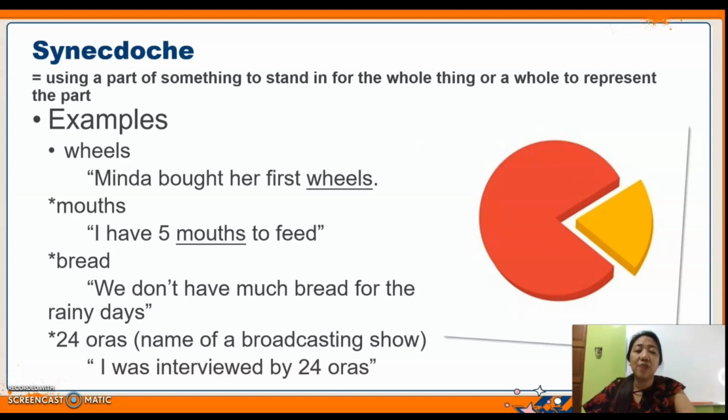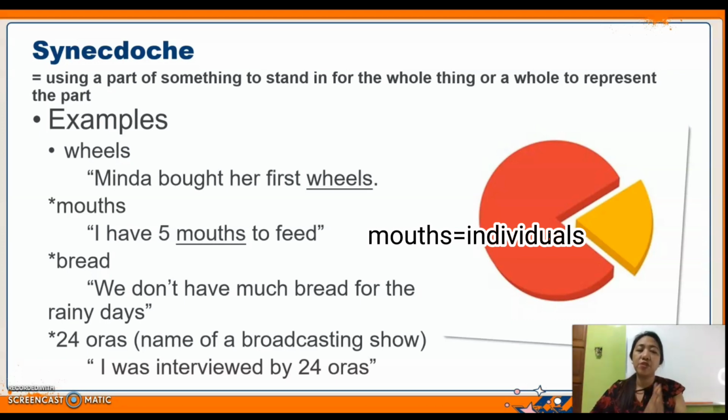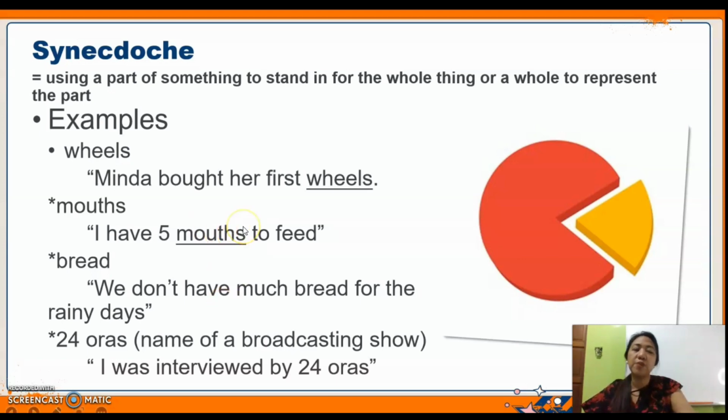Another example is mouth. The mouth is a part of the body, and if you use it figuratively, it represents the whole person. So you say, I have 5 mouths to feed, meaning I have 5 people to support. Another one is bread, which means food. So you say, we don't have much bread for the rainy days, instead of saying we don't have much food for the rainy days.